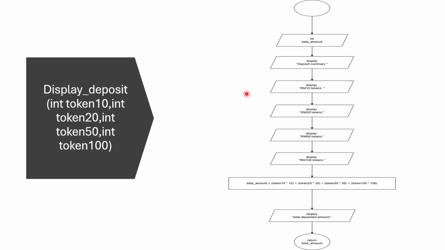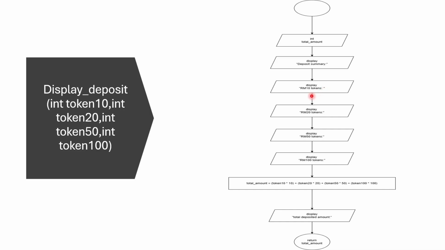So we go to the next function, display deposit. Firstly, we must initialize total amount. Second, it will display the deposit summary. And third, it will display the RM tokens, how many tokens were inserted by the user.